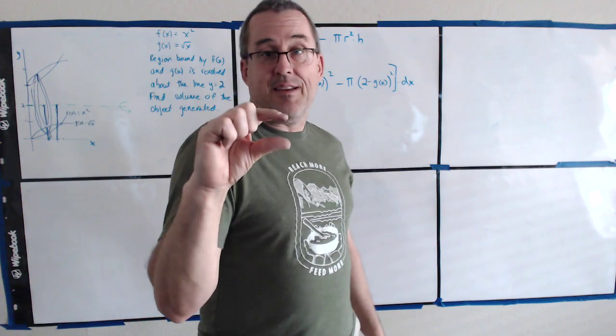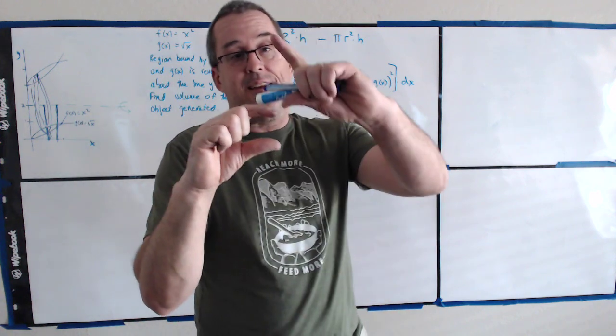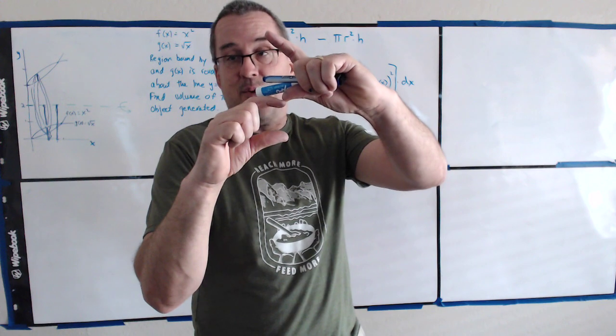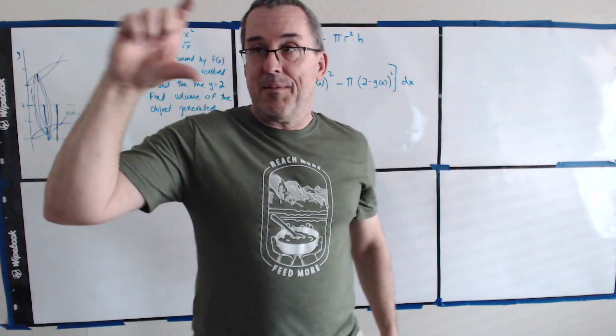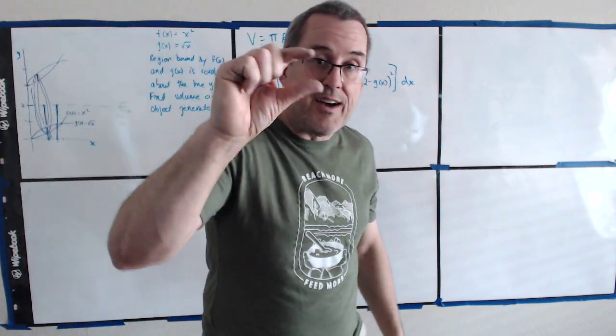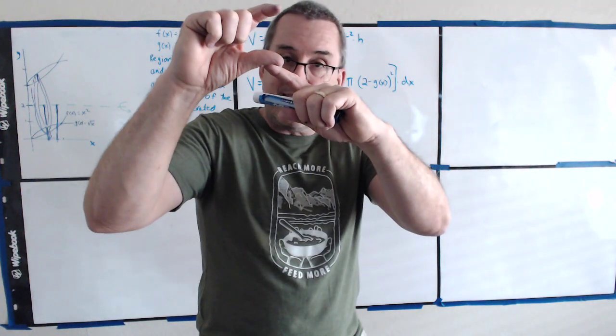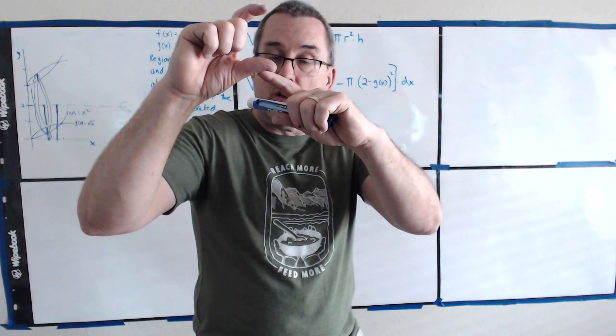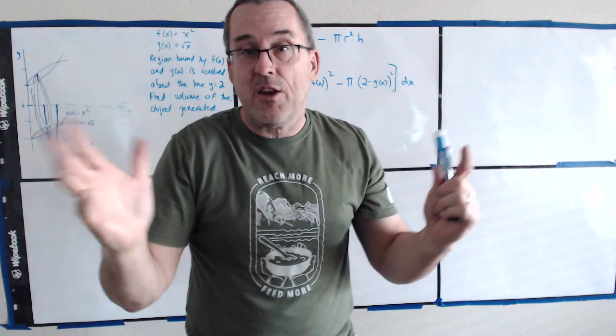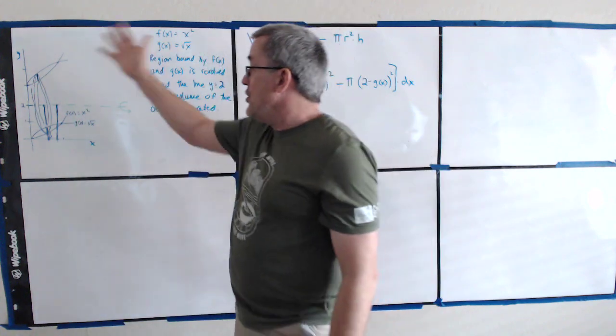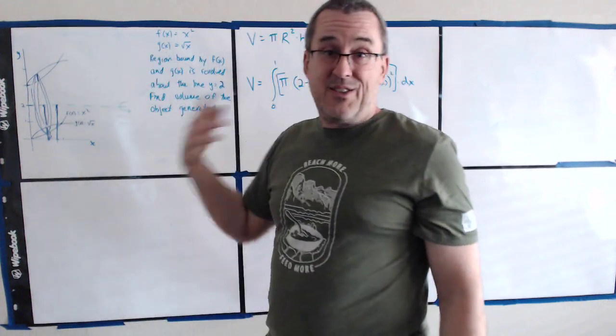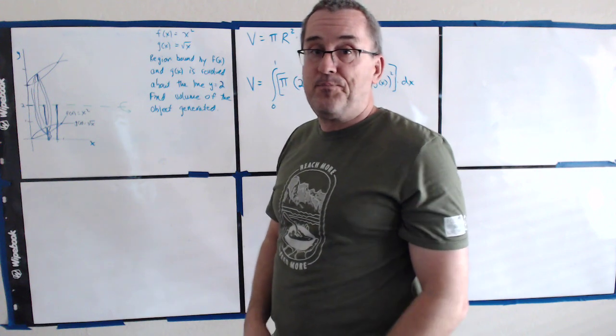Why am I measuring this as f of x? And why am I subtracting them to get the remaining radius distance? Or why am I taking 2 and subtracting g of x to get that inner radius, the lowercase r radius for the hole? Why am I doing that? I think it's important for you to actually draw it out and start thinking through it for yourself.